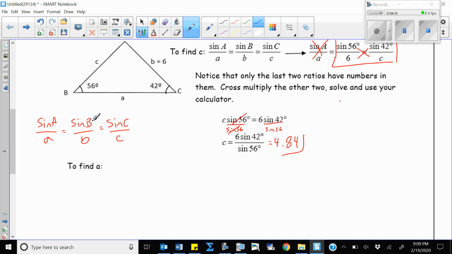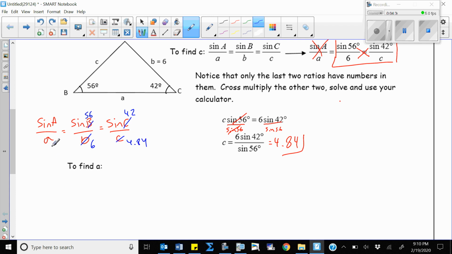We have sine B, because angle B is given. We have side b, which is 6, and also we have angle C, 42, and also we have side a here. Oh, I'm sorry. We have side c here, which is 4.84.